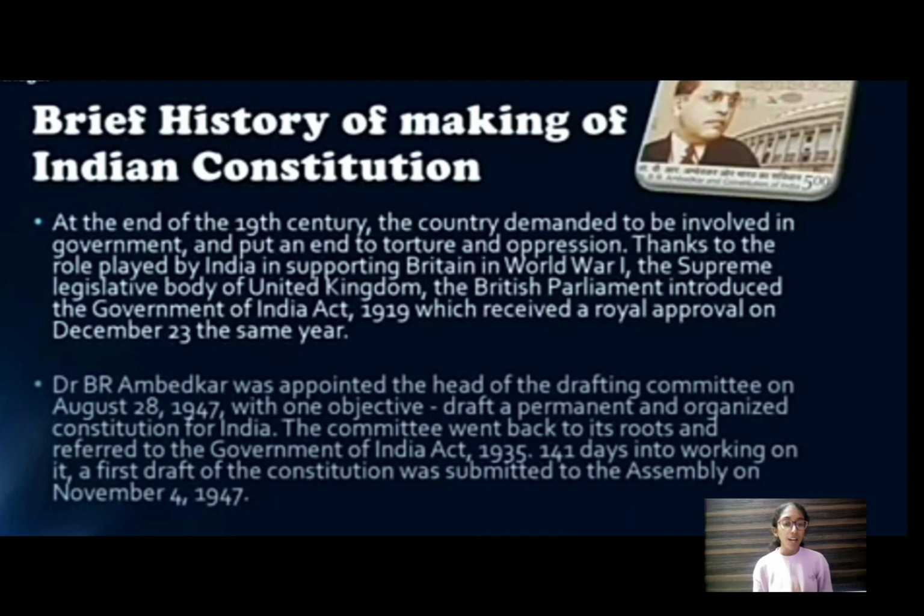Dr. B.R. Ambedkar was appointed the head of the drafting committee on August 28, 1947, whose objective was to draft a permanent and organized constitution for India.